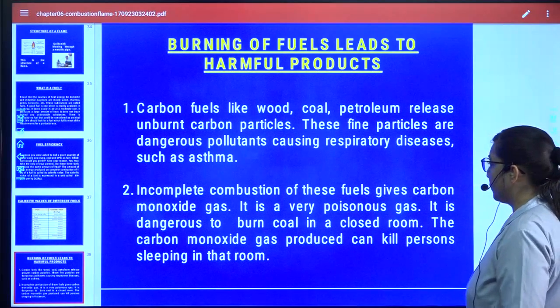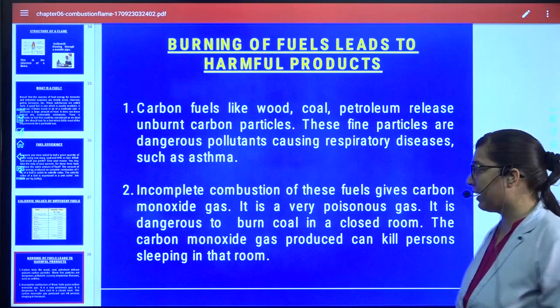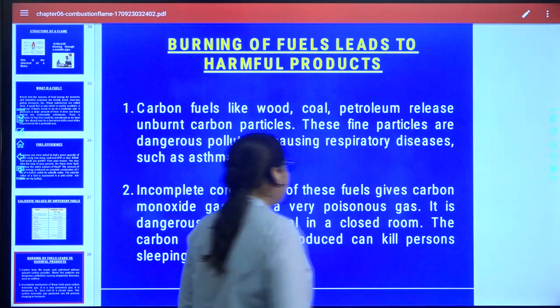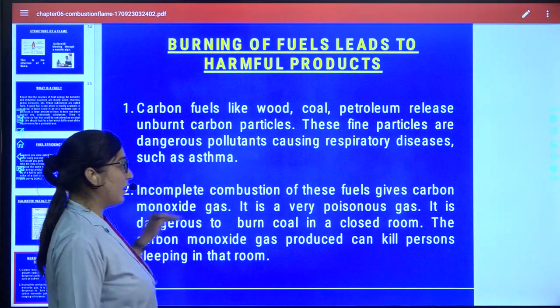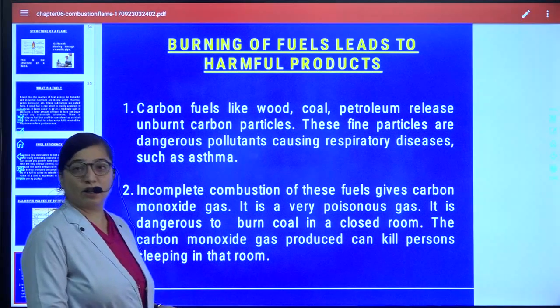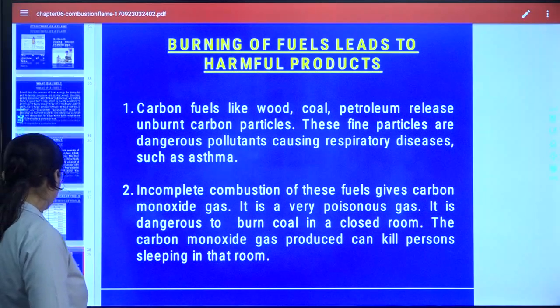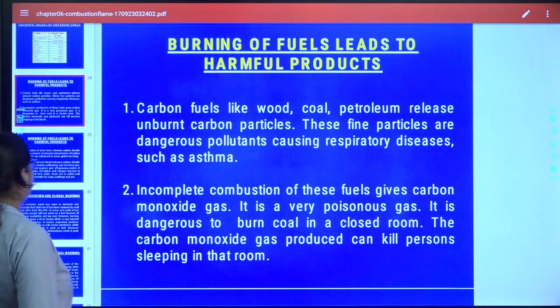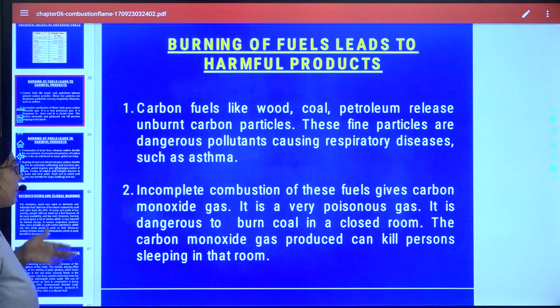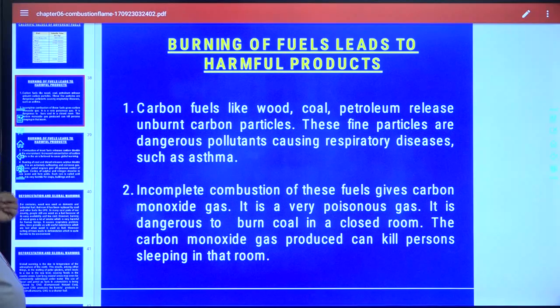Incomplete combustion of fuel gives rise to carbon monoxide, and we have already discussed that it is very dangerous when burned in a closed room, and it can even kill the person sleeping in the room. So this is one of the very important parts given over here.